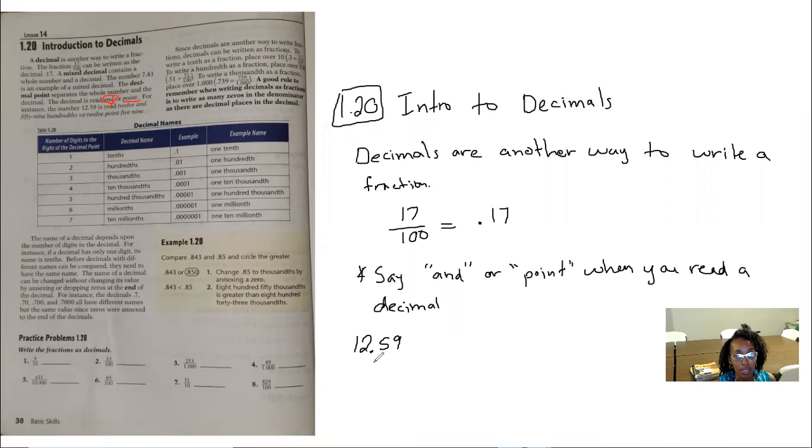Just like we know we have ones, tens, hundreds, thousands, ten thousands in front of your decimal, there's a similar format behind your decimal, okay? So this would be the number 12 and 59 hundredths. All right, and we're going to practice some of that today.